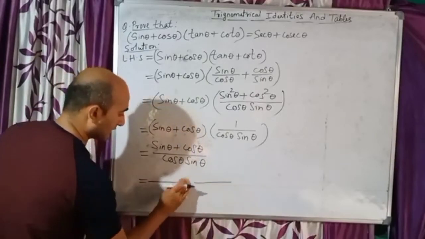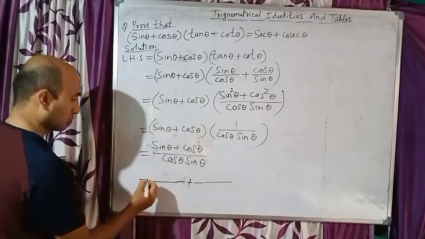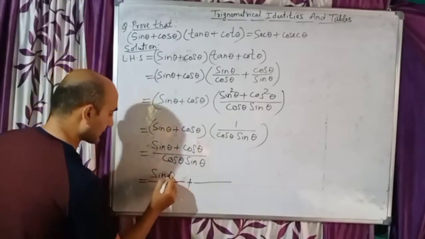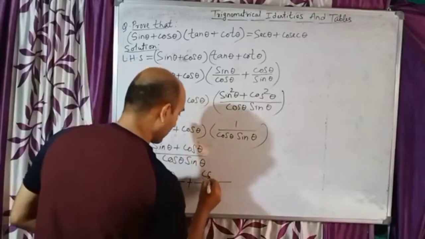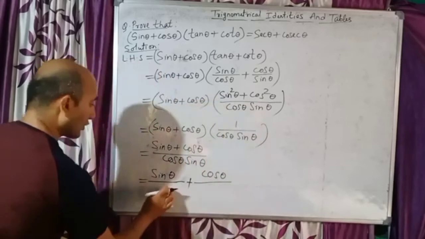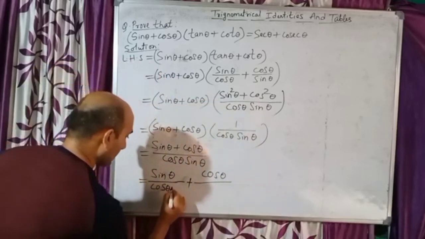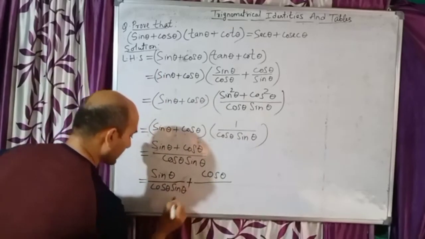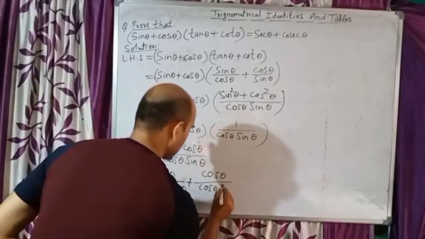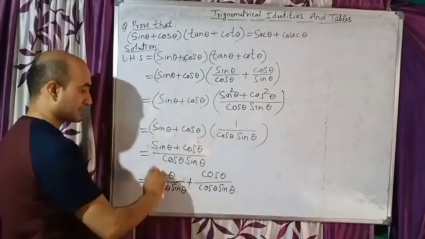In the first part you write only sine theta, and in the second part you write only cos theta, but the lower part goes in both places because it is the LCM: sine theta cos theta or cos theta sine theta, and here also cos theta sine theta, because if you do LCM the same thing will come.